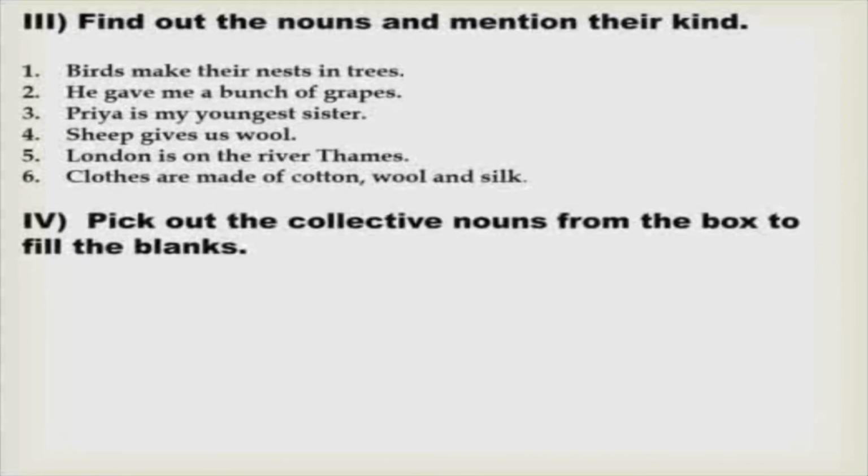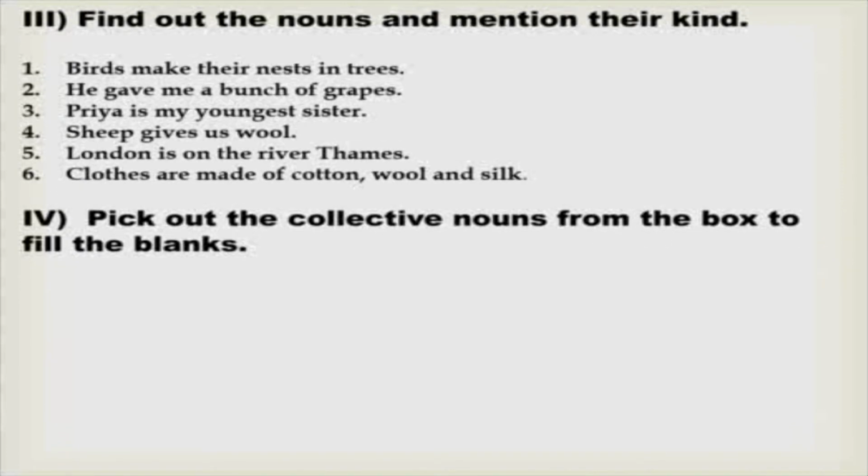Find out the nouns and mention their kind. So here you have to find out the nouns. Like the first one, birds make their nests in trees. Here nouns are birds, nests and trees. Now you will write the sentence. Then in the next line you will first write the noun and then its kind.